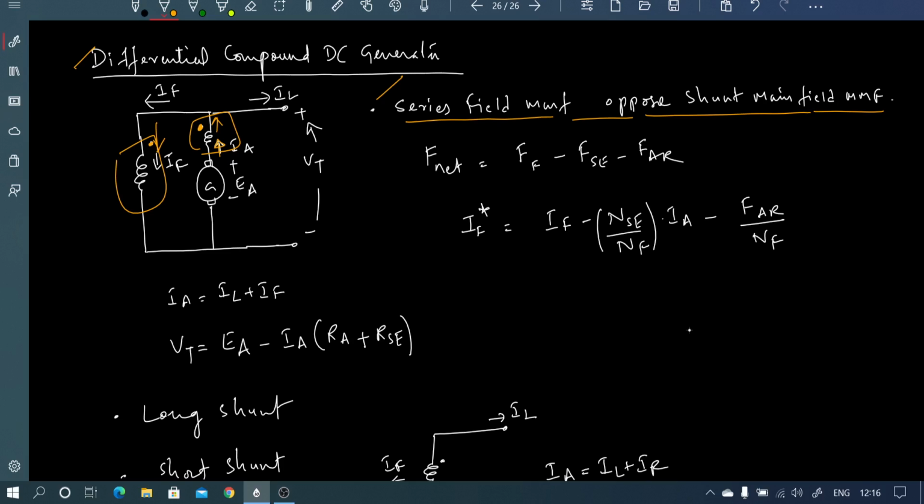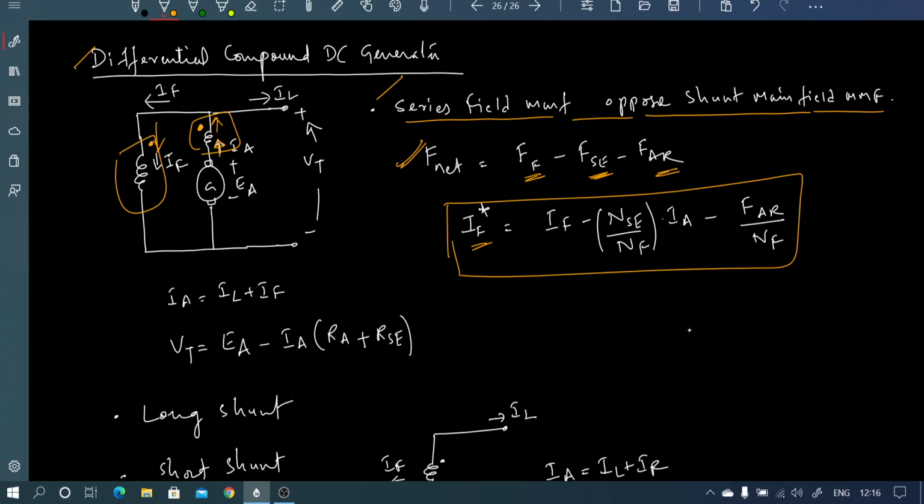Constructionally both are the same. So now the net MMF in the machine is equal to the shunt field MMF minus the series field MMF and the armature reaction MMF. So IF star is equal to IF minus NSE by NF into IA minus the armature reaction MMF by NF.